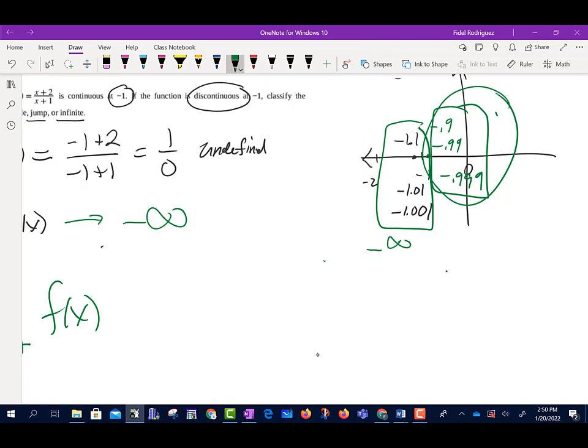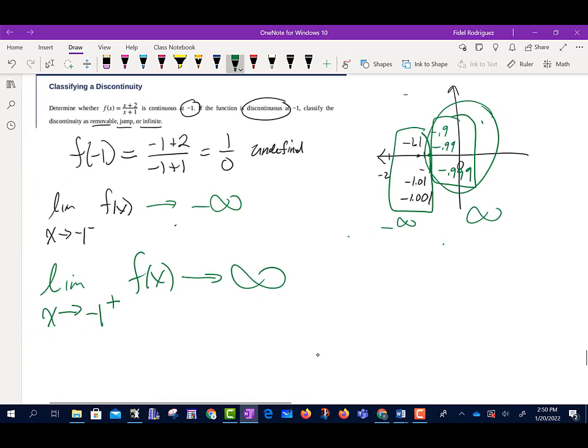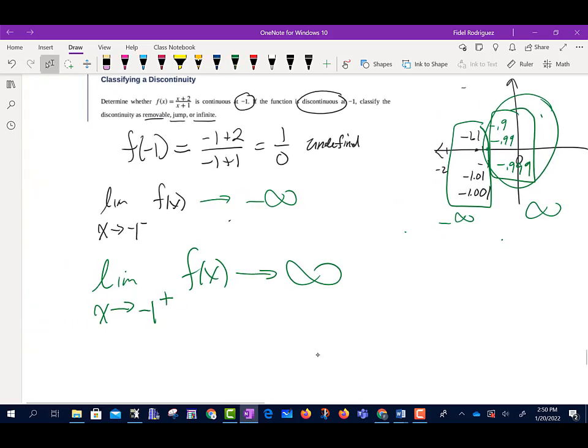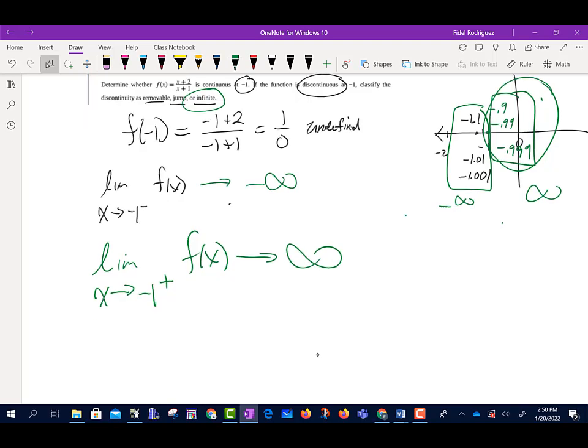Okay, so you can see these values are growing larger, so this is going towards positive infinity. So what kind of discontinuity would we have? We would have an infinite one, right? You can see the numbers are growing either large in the negative direction or large in the positive direction, right? They're growing without bound.